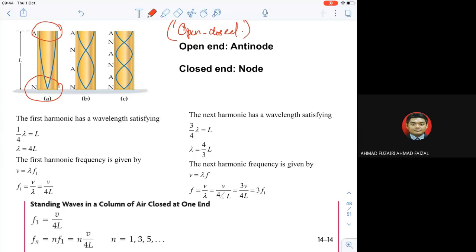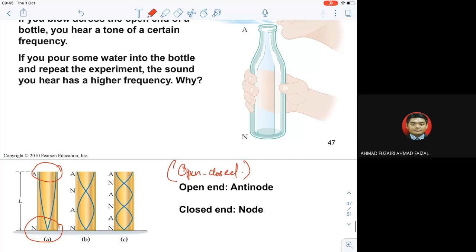At the closed end, we know every time at the fixed end we should have a node point. Every time for the open end, you will have to draw an empty node point. But this one contains both open and closed together. So how to write it down? Okay, this one, in the open end and closed end.